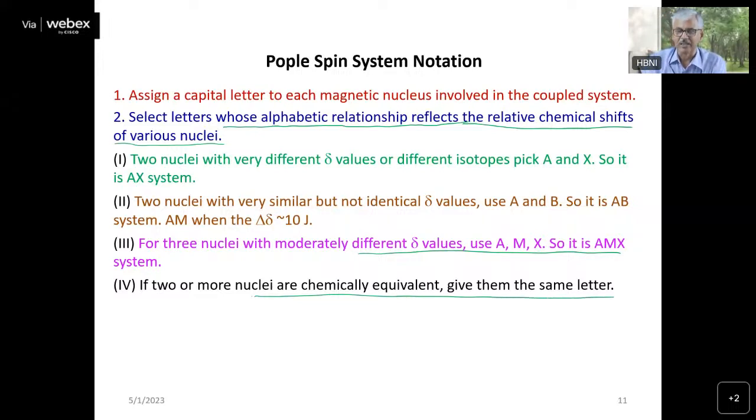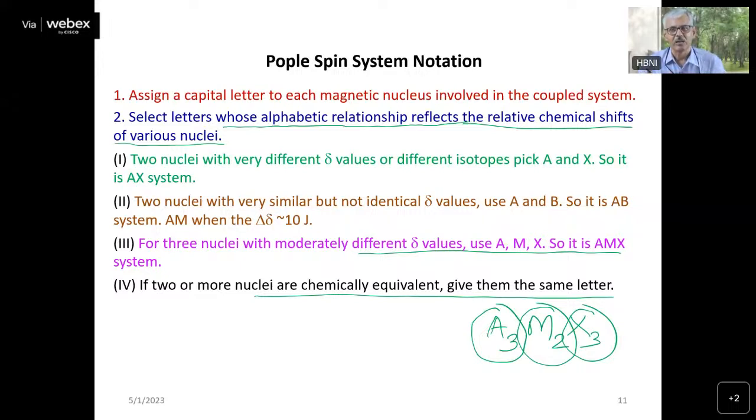It can be, let us say you have a system like A3X3, or there is a possibility that you can have an A3M2X3. So there are 3 equivalent A nuclei, 2 equivalent M nuclei, and 3 equivalent X nuclei, and their chemical shifts are different, moderately different.